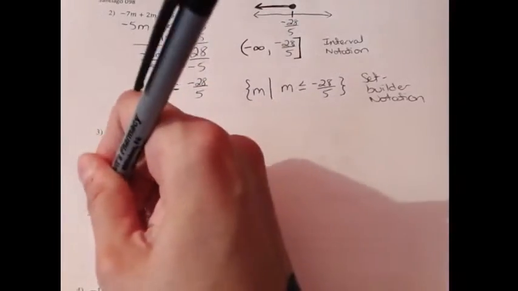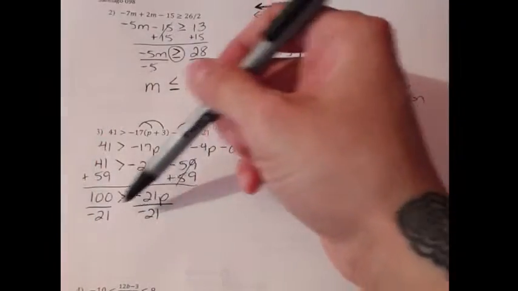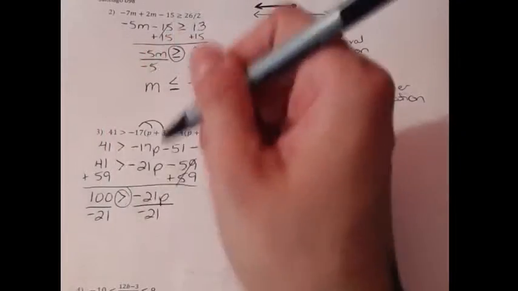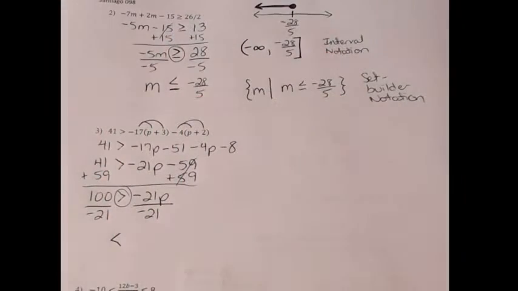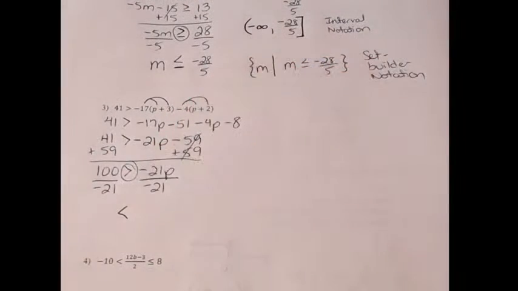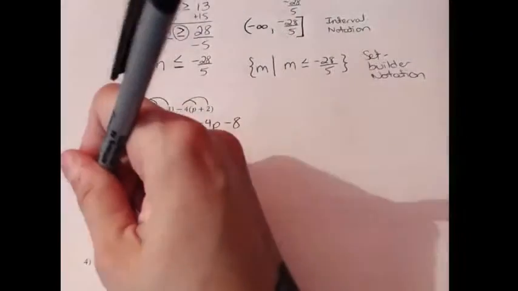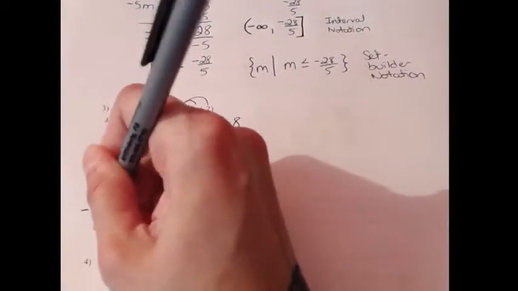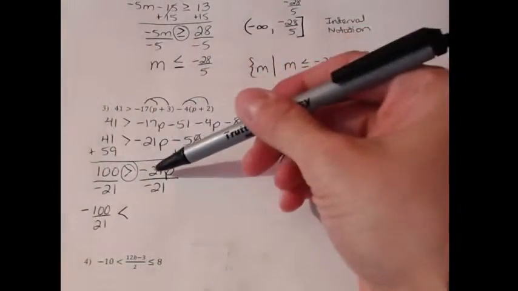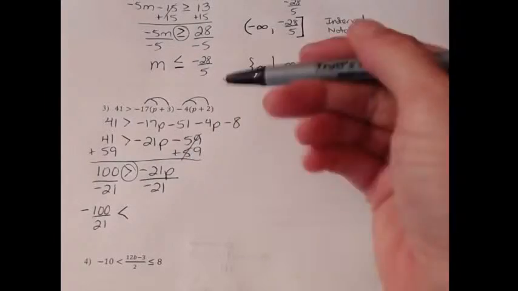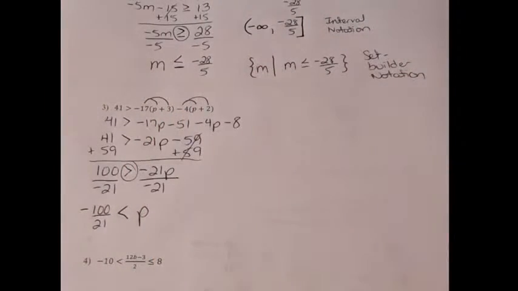When I divide both sides by negative 21, notice I'm dividing by a negative, which implies the inequality symbol must flip directions. So 100 over negative 21 doesn't reduce, so I'm going to leave it as the fraction negative 100 over 21. And then negative 21 divided by negative 21 is 1, and 1 times p is p.